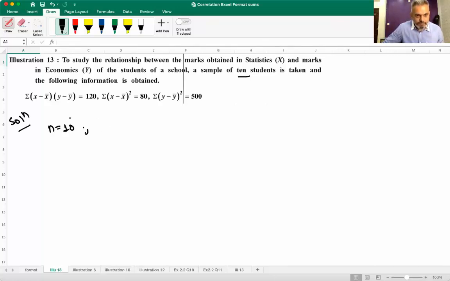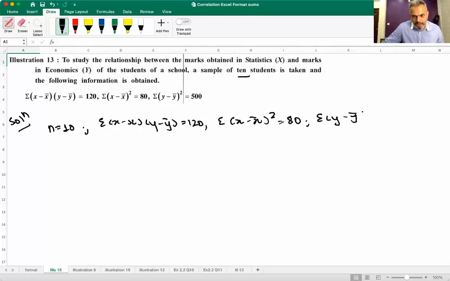Solution: sigma x minus x bar, y minus y bar is 120. Sigma x minus x bar the whole square is 80. Sigma y minus y bar the whole square is equal to 500. What we have to find here is the value of r.